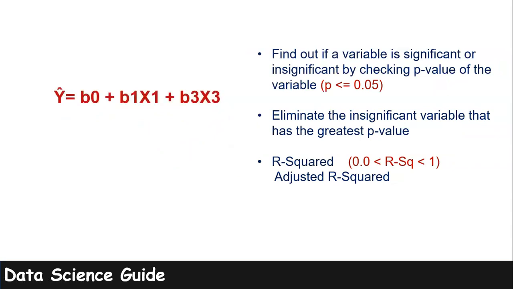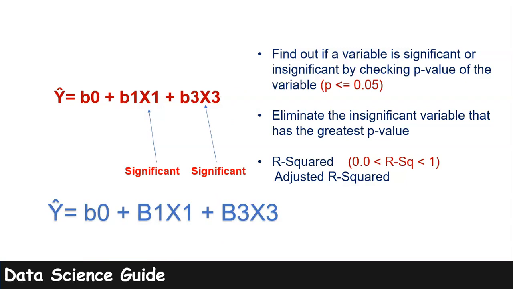We check again the r-squared and the p-value of our variables. This time we found that both of them are significant, x1 and x3, and r-squared, or adjusted r-squared, is now better than the previous one, with these two significant variables in the model. So we decided this time to keep both of them and use this model for prediction.